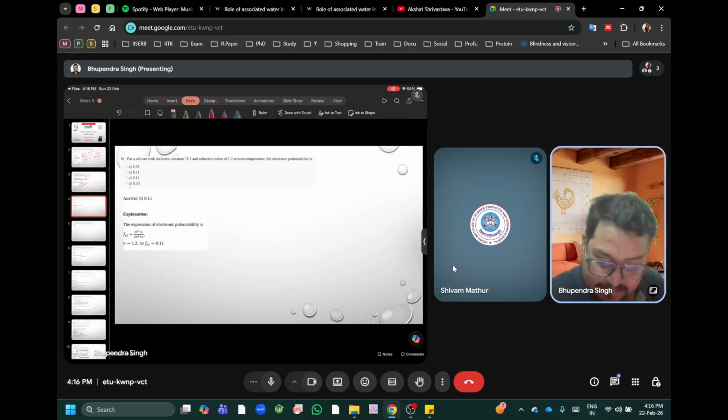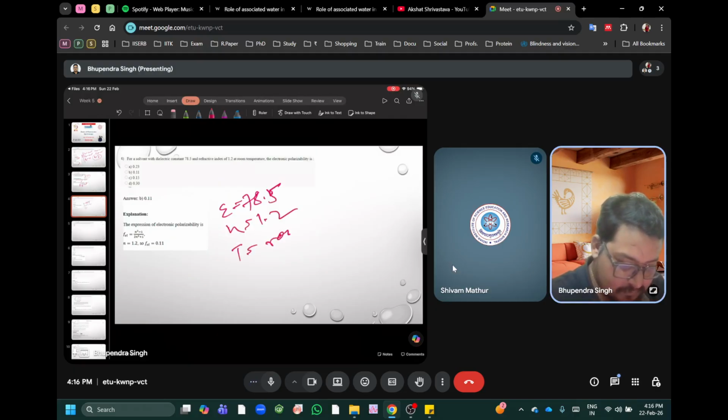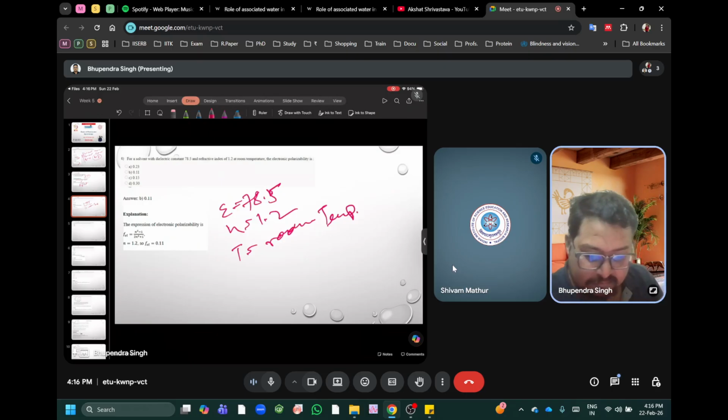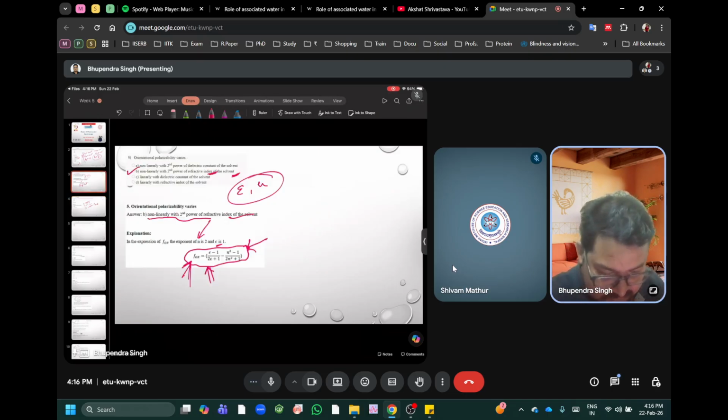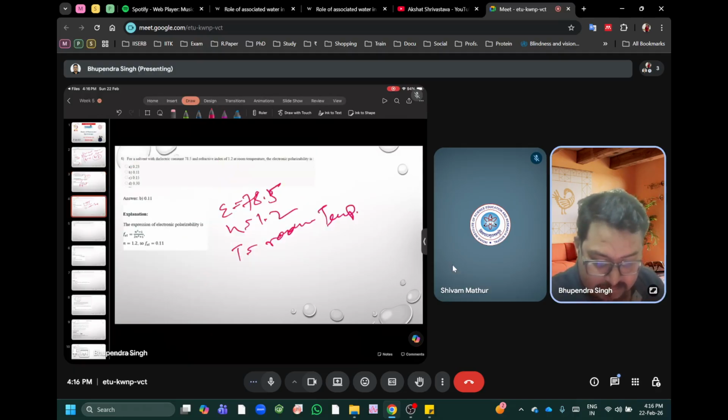For a solvent with a given dielectric constant and a refractive index of 1.2 at room temperature, the electronic polarizability is... Not the same formula, sorry.